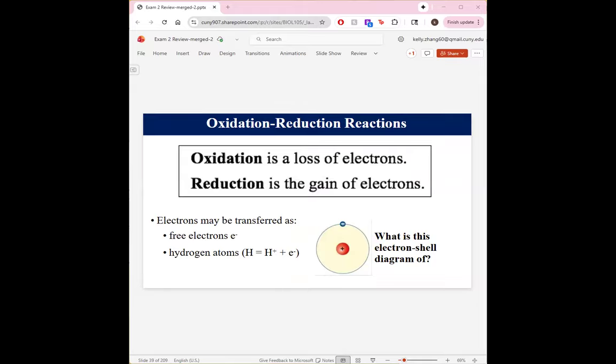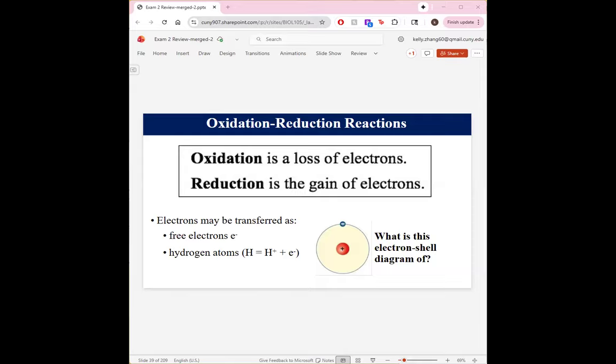Electrons can be transferred as free electrons, but they're also often transferred by hydrogen atoms. A hydrogen atom contains a hydrogen proton plus an electron.